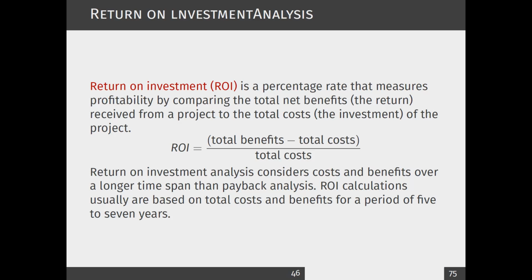The problem with the previous one is that we are not considering any ratio. We just use the amounts. Whereas in return on investment analysis, we compare the total benefits and total cost, and we take a ratio of total costs. So for example, here, can you tell me what is the ROI for A?